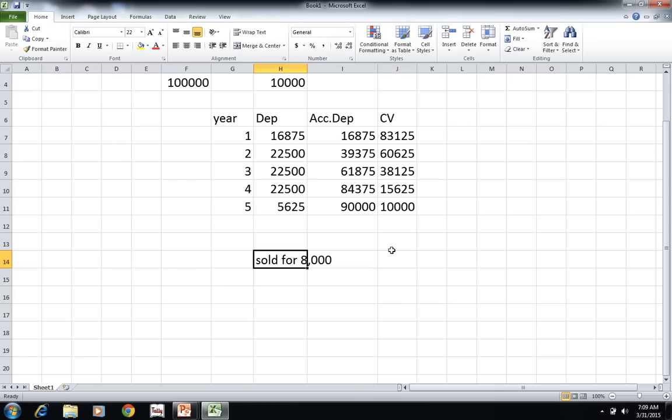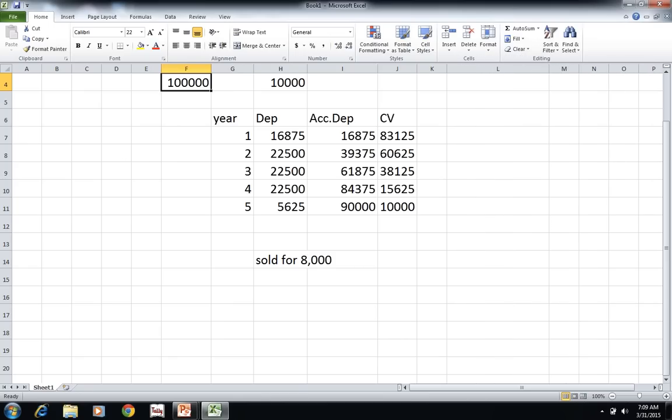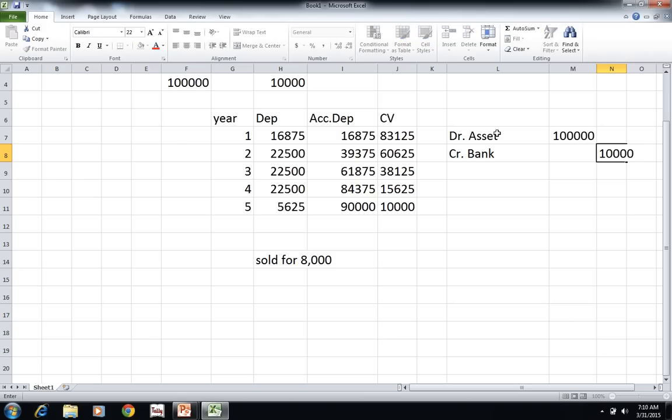It should be understood very clearly, Rupa. First year you purchased for 100,000. At that time, debit asset account, credit bank account, 100,000 and 100,000. Each year after this, you will record: debit depreciation, credit accumulated depreciation.